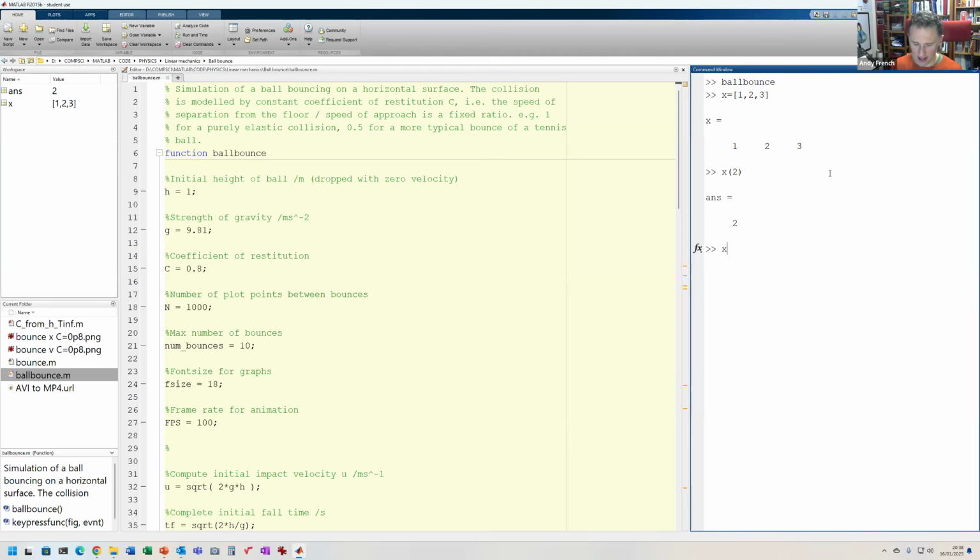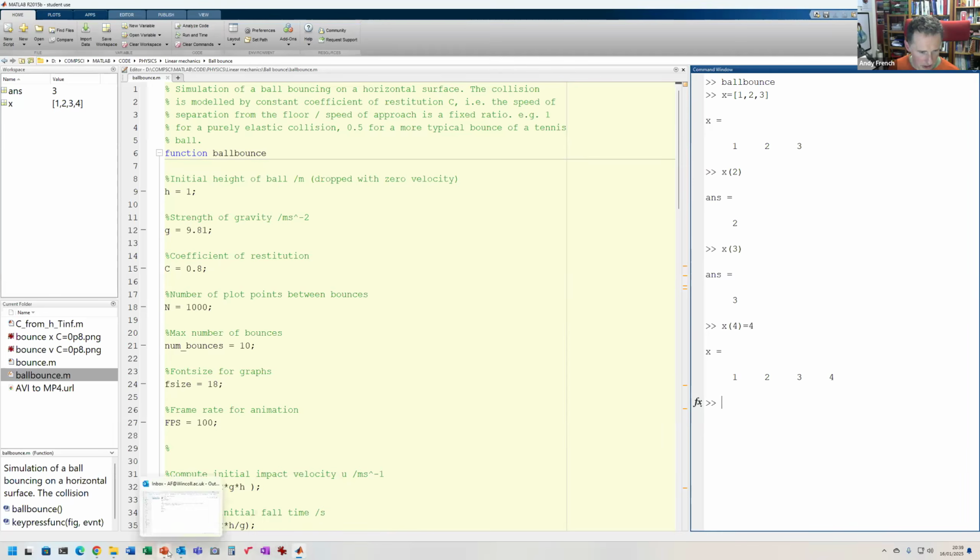X3 will be 3, etc. And if I say X4 equals 4, I've now added an extra element to that array. All that kind of stuff with vectors is built into MATLAB. If you're using Python, it's something called NumPy, which is similar to MATLAB in many ways. But it's quite nice to use a language which has all the mathematical objects built in already, so you don't have to create them.